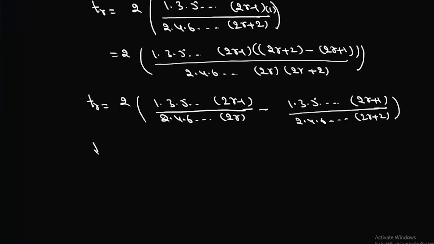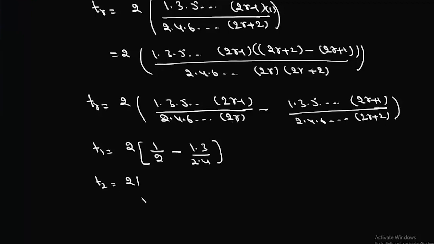Now T1 will be 2, and here it is 1 by 2 minus, and this is 1 into 3 and 2 into 4, because if you put r as 1, this is 2 and this is 4, and here it will go up to 3.